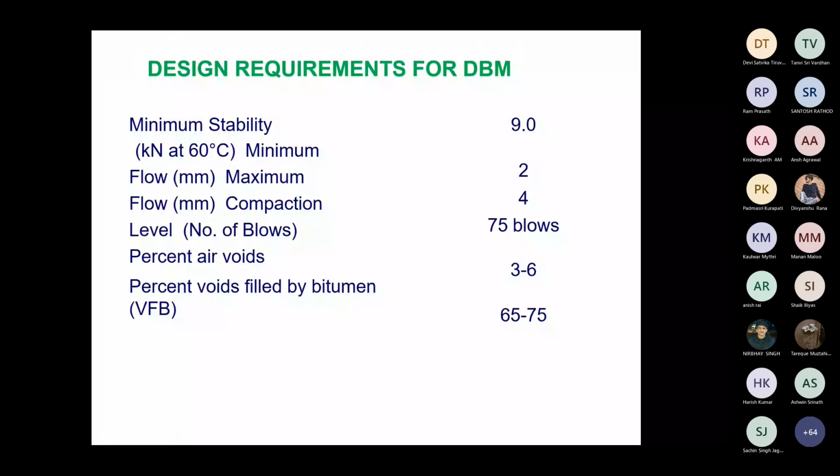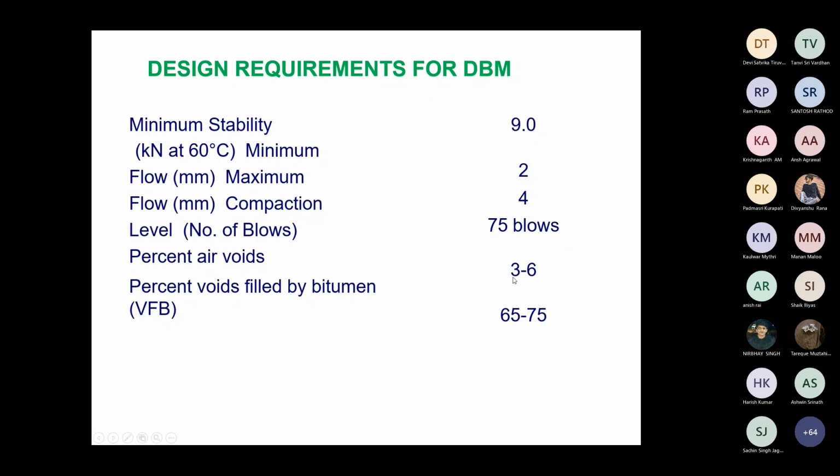And when doing the mix design, check whether it meets the minimum stability, like 9 kilonewton at 60 degrees Celsius, and the flow value, like 2 to 4, and the compaction level is 75 blows on both sides.